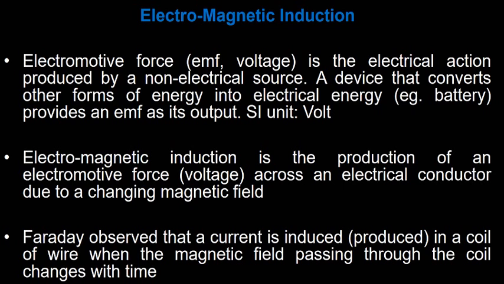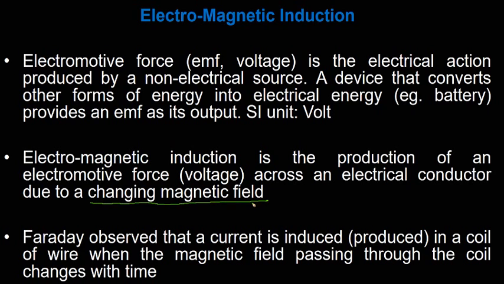So whenever we have a conductor which is present in a region, and if the conductor experiences a change in magnetic field, and this magnetic field could be created by a different source, like a permanent magnet in its neighborhood, then the conductor will have some sort of current produced inside it, and this current is called an induced current.